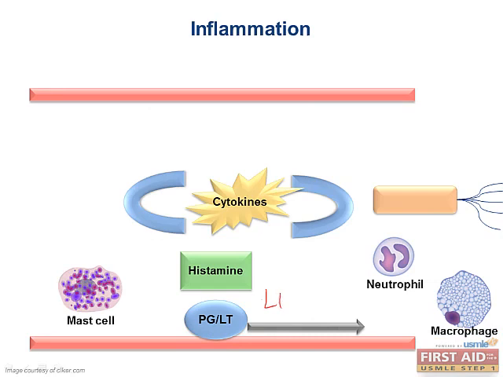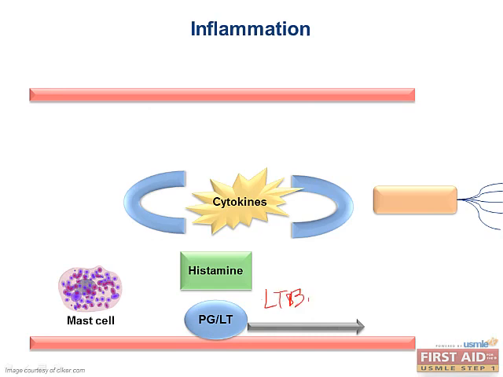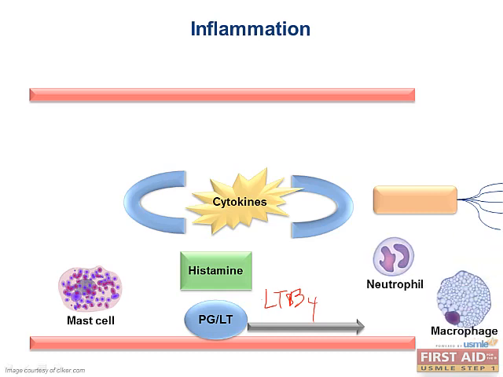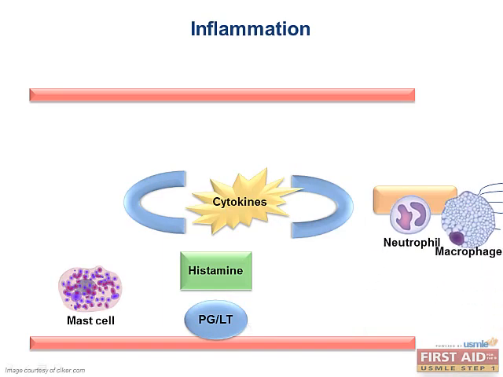How about LTB4? Very good. That calls in neutrophils and macrophages. We'll go over some more chemotactic signals in a little bit. Alright, so once the neutrophils and macrophages arrive, here they come to save the day. They can take out and digest this bacterium and save you from further injury.